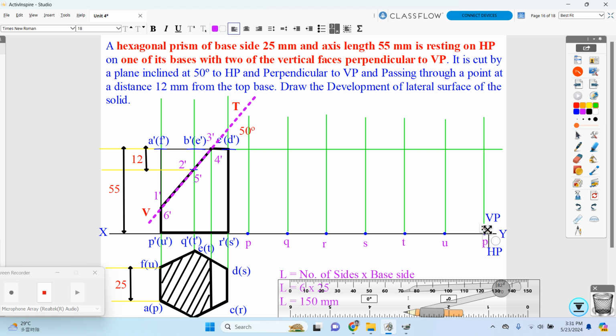Okay, when you start from this point you can find it is closing over here only. On the top, what shall we do?